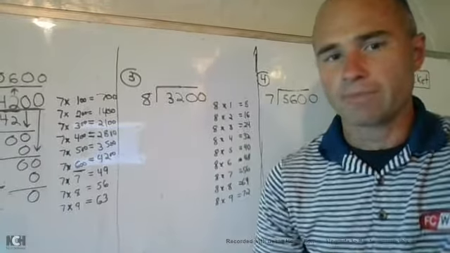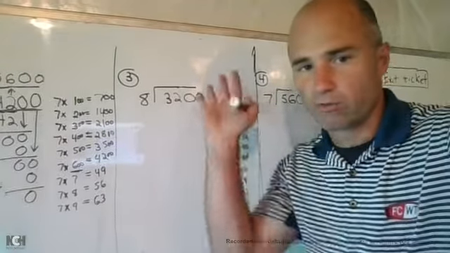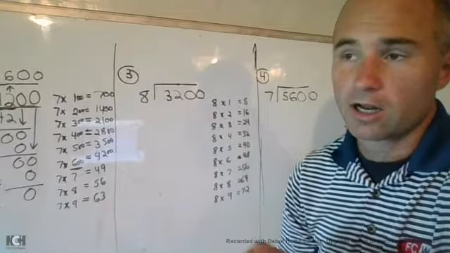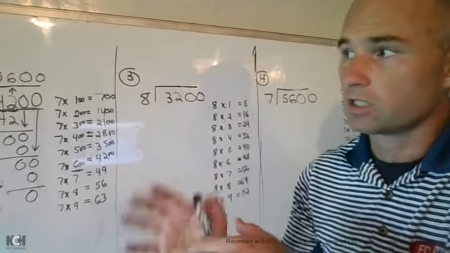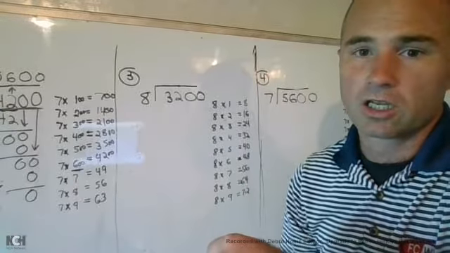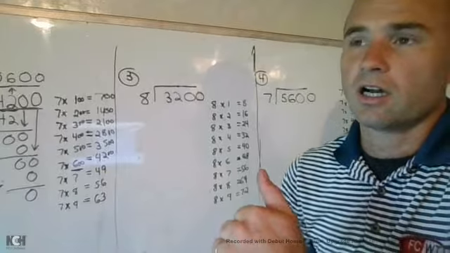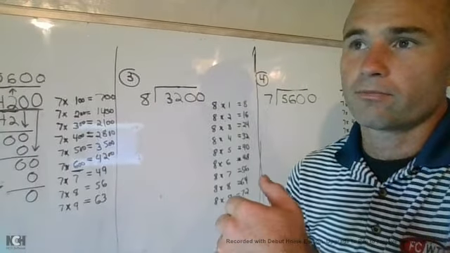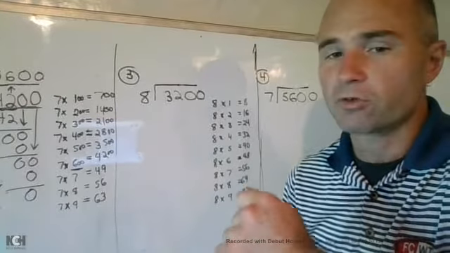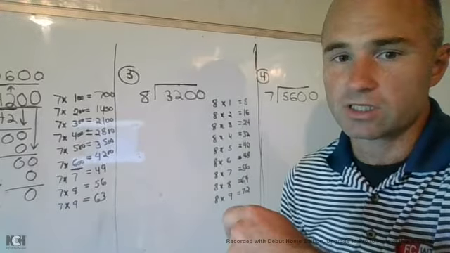If you're doing what I'm expecting you to do, which is write down the facts every time you have a problem here, I guarantee you by the end of the summer, not only will you improve in your multiplication of 3-digit and 4-digit times a 1-digit, and your division and your fractions that we're working on next week and the following week, but you also will get so much better in just your multiplication fluency.